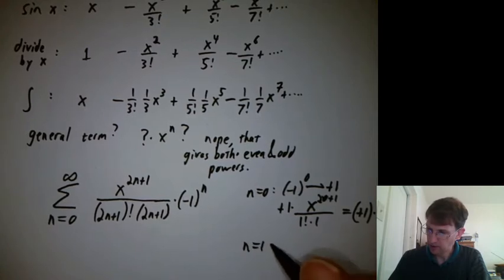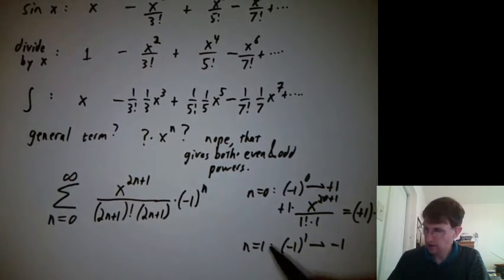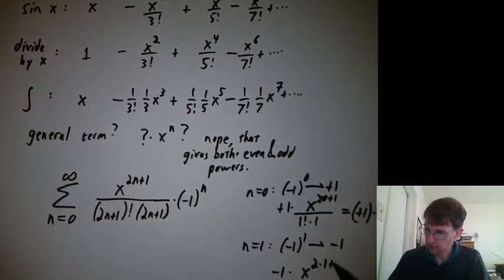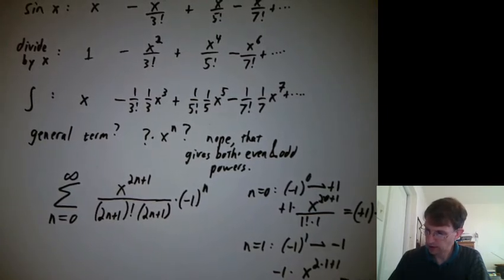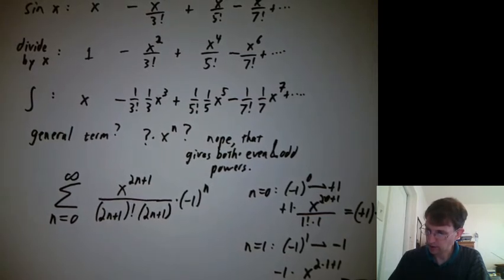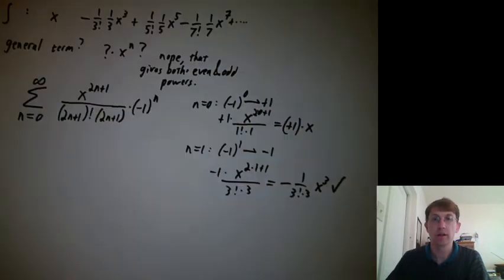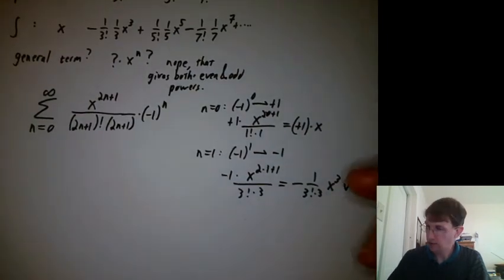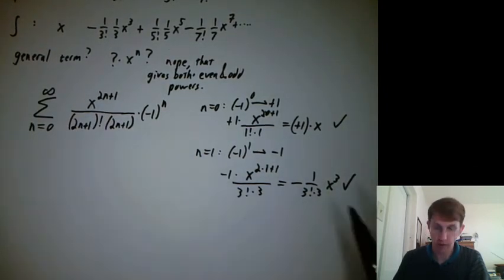At n equals 1, we're getting -1 to the 1, which is -1. So we have -1 times x to the 2 times 1 plus 1 over 3 factorial times 3, which overall has a negative sign on it. And we got 1 over 3 factorial times 3 x to the 3. So that's working out okay. So it seems like our first guess there actually ended up working.